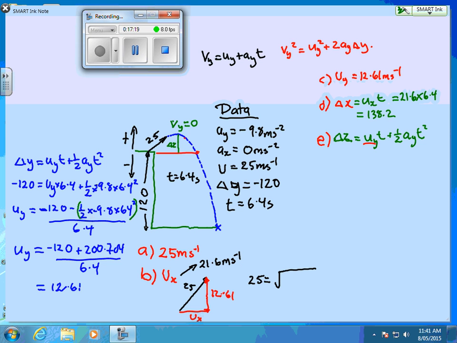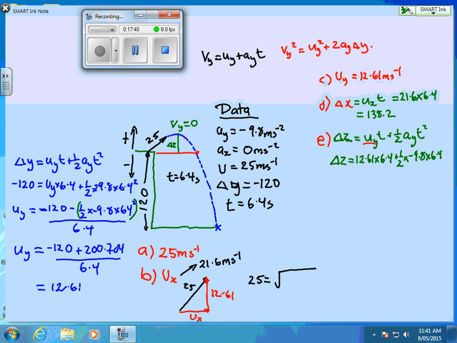And then this delta z question now starts to become easy, doesn't it? Because in delta z, it's just simple substitution. We know delta z equals, we've got uy, which is 12.61, times 6.4 plus 1/2 times minus 9.8 times 6.4 squared.